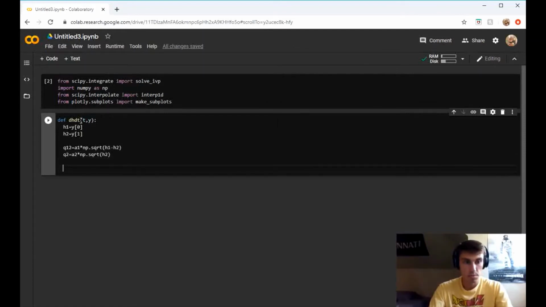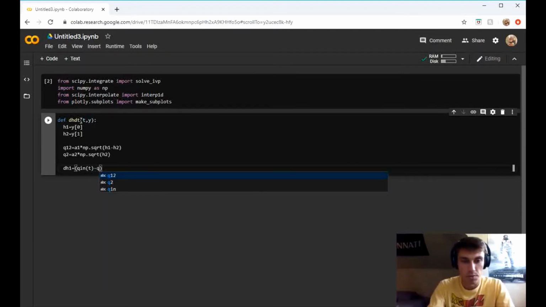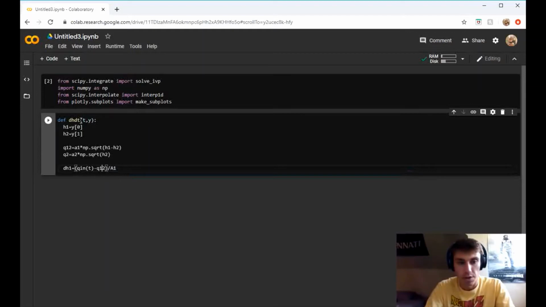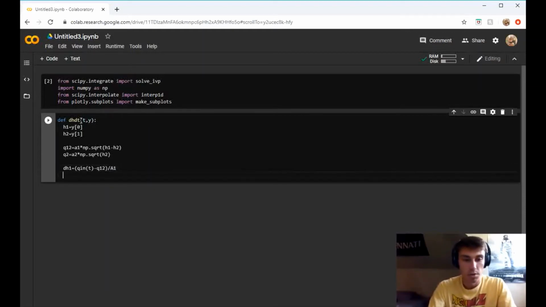And we have those. The differential equation for the height of the first tank is equal to the flow into the tank, which is Q in of t, minus Q12, and that's all divided by A1 for the cross-sectional area. This Q in of t is our function of time that we're going to do more with later.